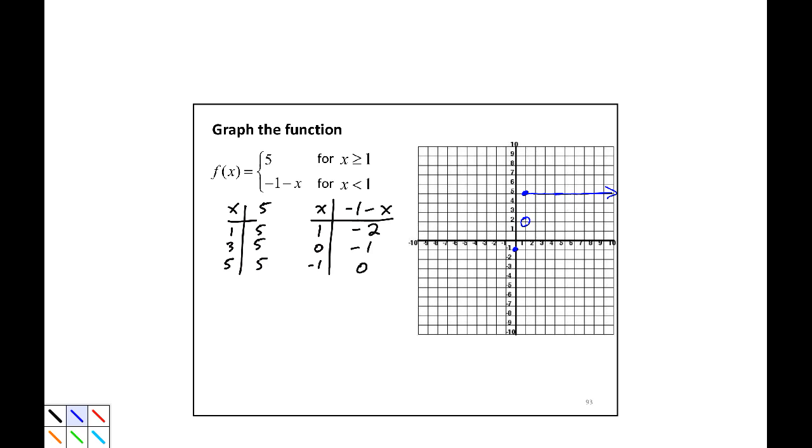So 1 is negative 2. 0 is that. Negative 1 is 0. I put that point in the wrong place. That's what it is. All right, try that again. 1, negative 2, open dot. I have 0, negative 1 and negative 1, 0. And that continues in that direction.